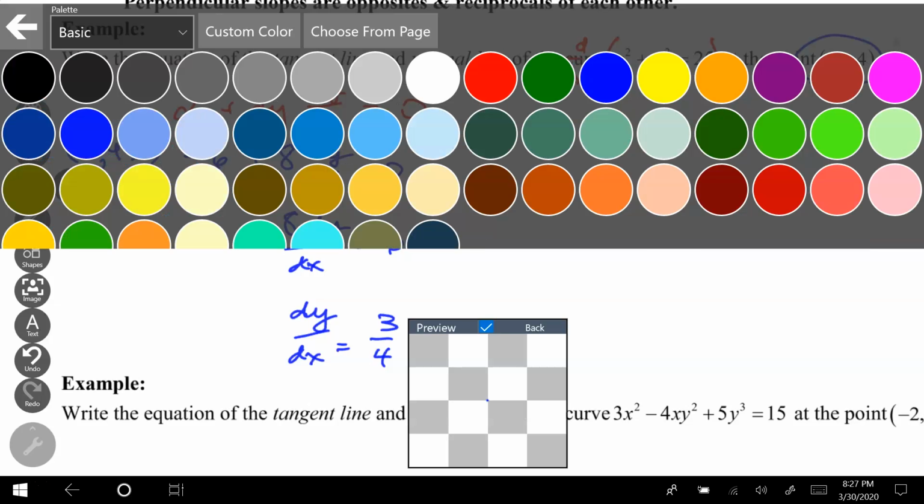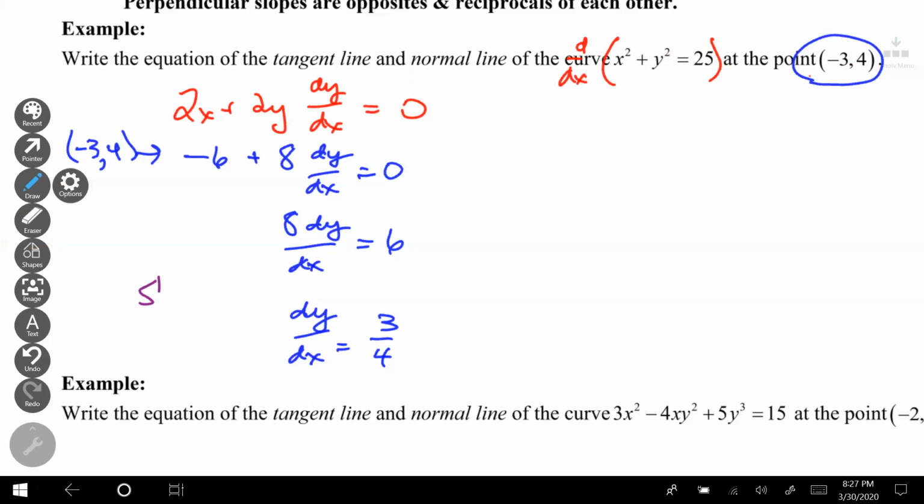And change it to purple. This is the slope of my tangent line.